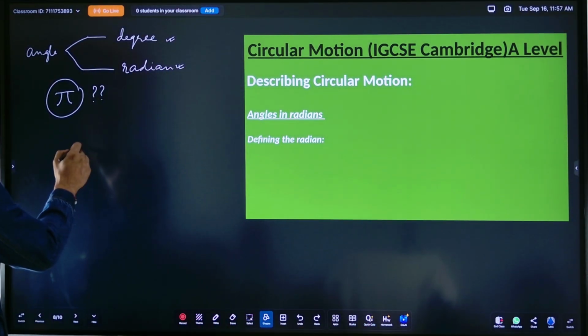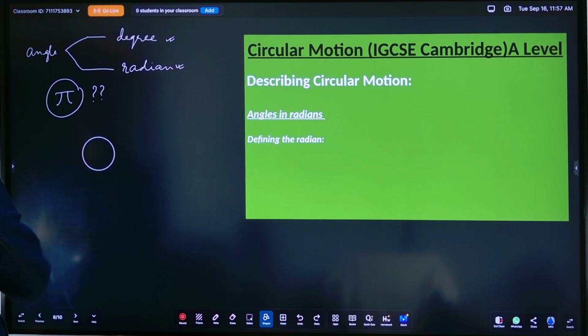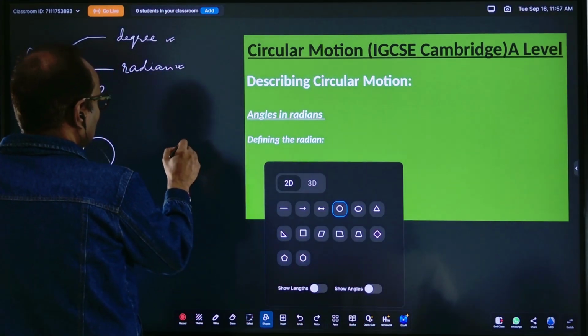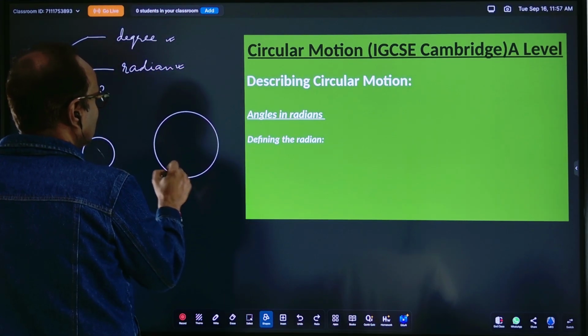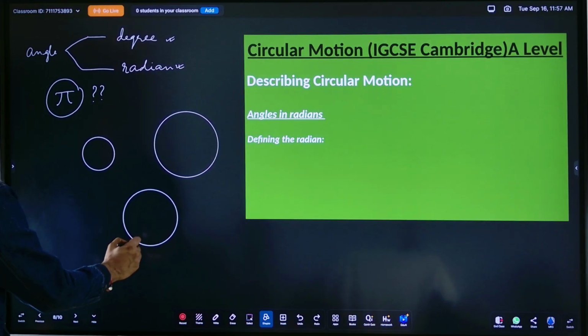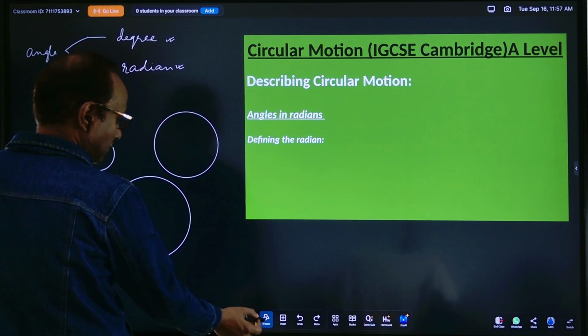So the mathematicians, while they were working, drew different circles of different radius.